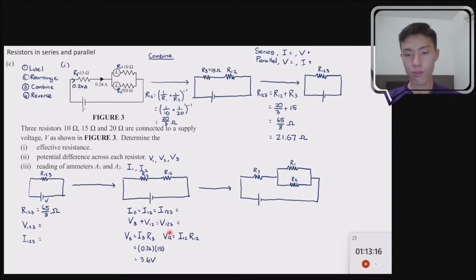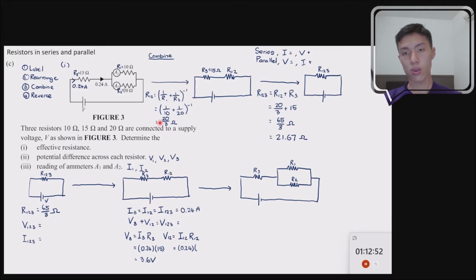Okay, but V12, do we know the value? We don't know, but we know I3 already, right? So I3 should be equal to I12, which should be equal to I123. I3 is 0.24, so we can put 0.24 ampere over here. So I12 is also equal to 0.24, so we can calculate 0.24 multiplied by R12.